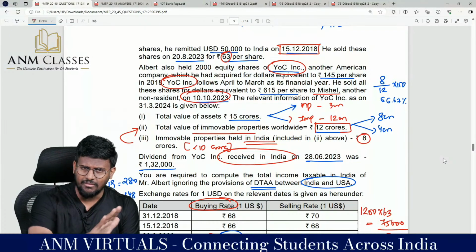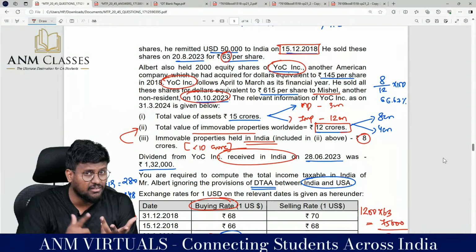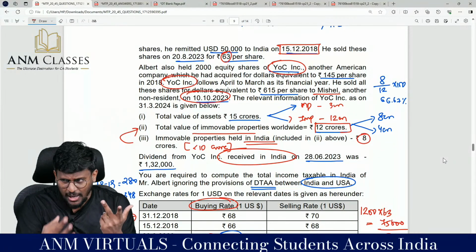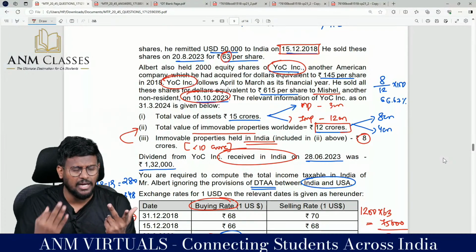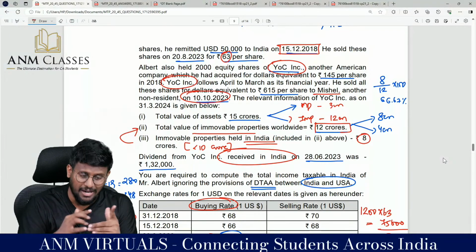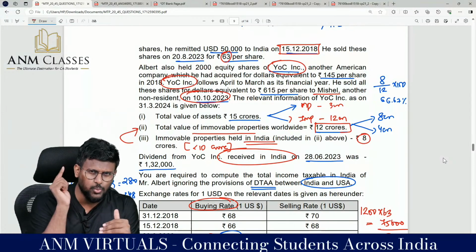Sir, non-resident 30 marks. I am saying again: double taxation avoidance agreement 6 marks, TP 6 marks, 3 chapters BEPS, model tax convention, and one more, interpretation of tax treaty 6 marks, 18 marks plus non-resident taxation 6 marks, 24 marks.